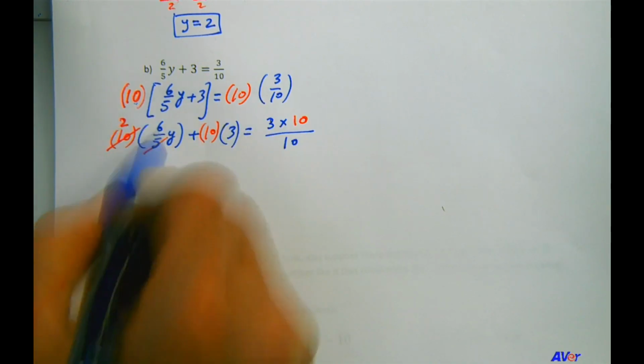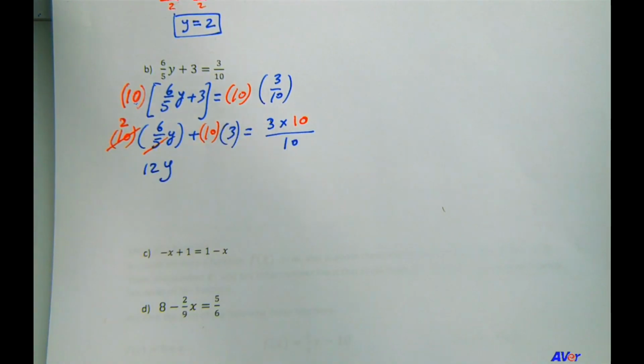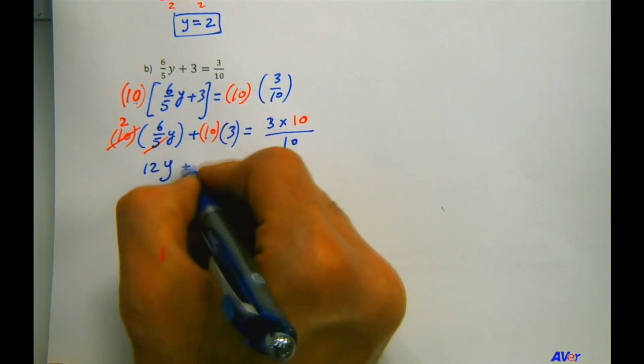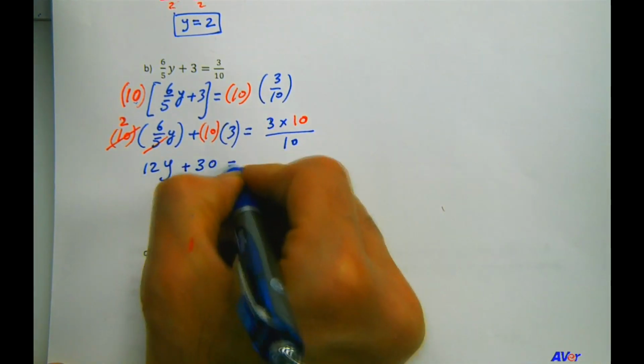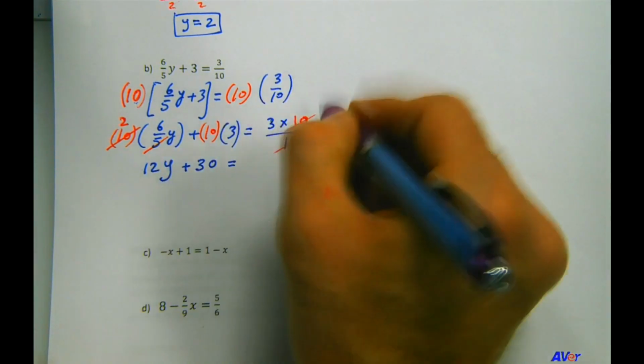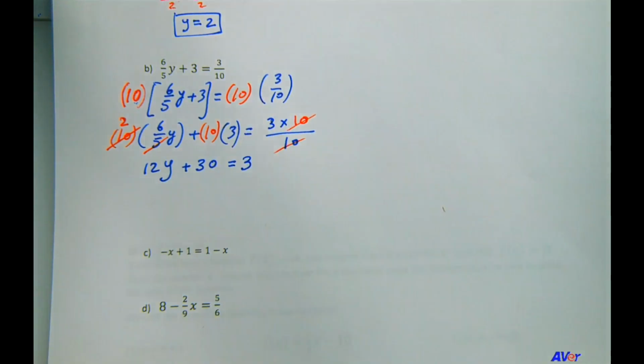So 2 times 6 is 12y, right? The fraction is gone. This second term, 30, the term on the right, that and that cancel each other out. We're left with 3.